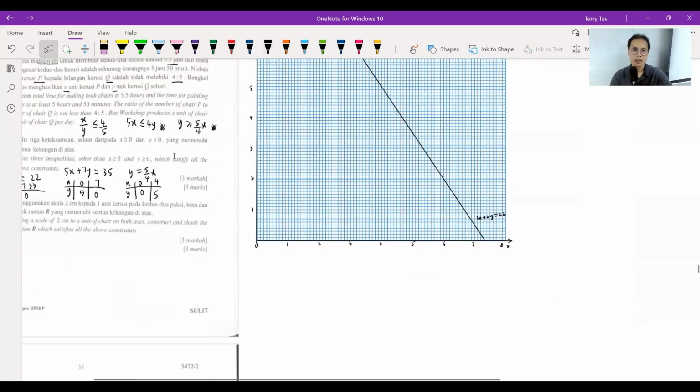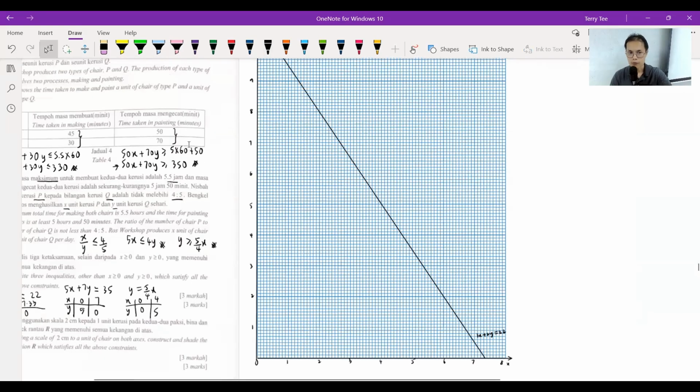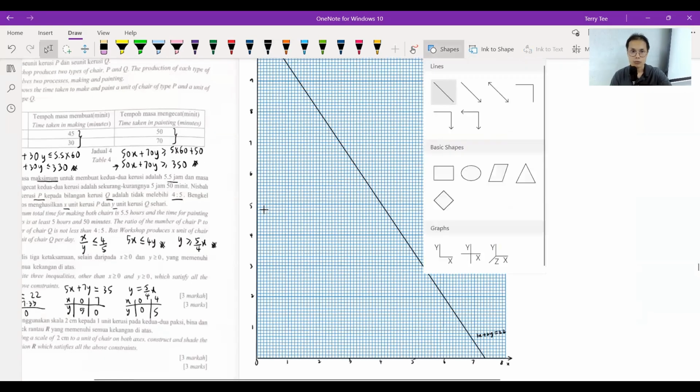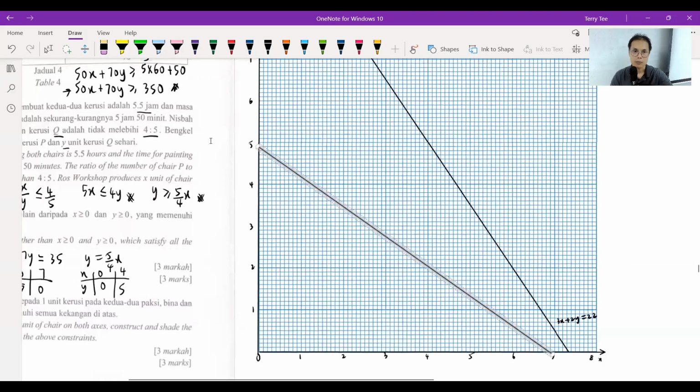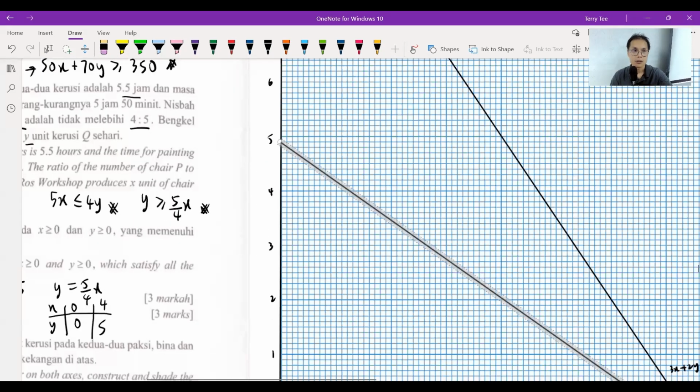Second one is x equals 0, y equals 5, x equals 7, y equals 0. So 0, 5 and 7, 0. Okay, let me move this a little bit.